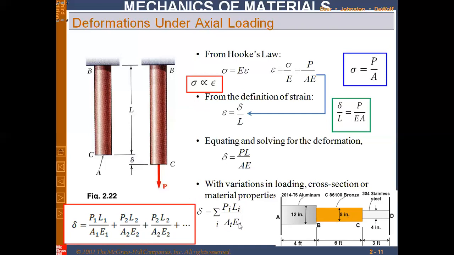Generally we have to use this equation. You could write down this equation for any case. If you have 2 segments, you have to consider these 2. If you have 3 segments, you have to write down this equation accordingly. If you have more segments, you could further expand the equation.